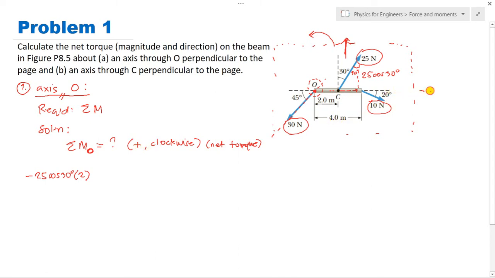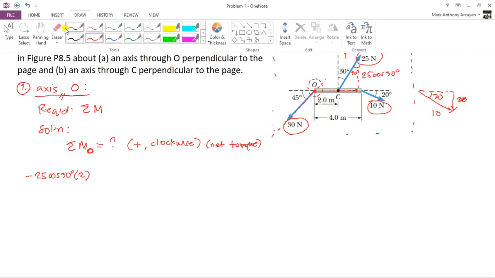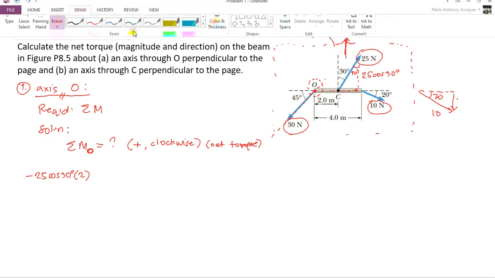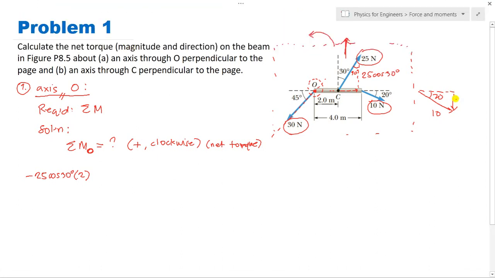Since it is at an angle, we need to resolve the force along the perpendicular. This is 10, with sine of 20.